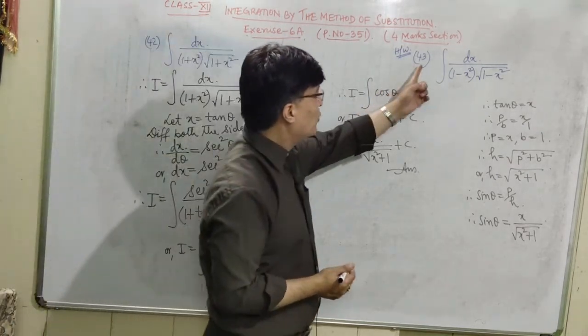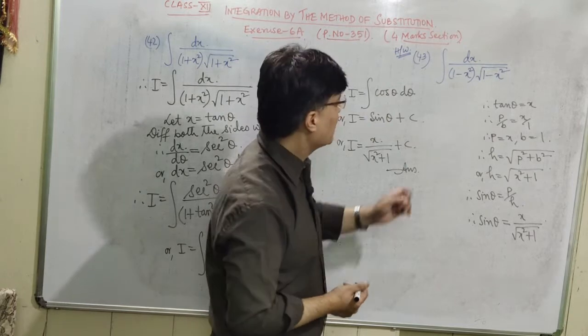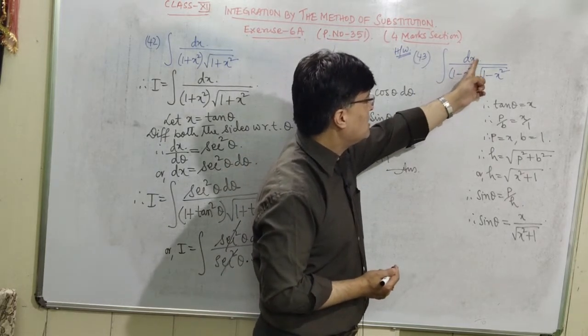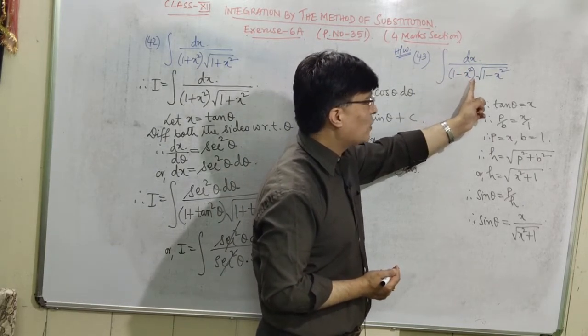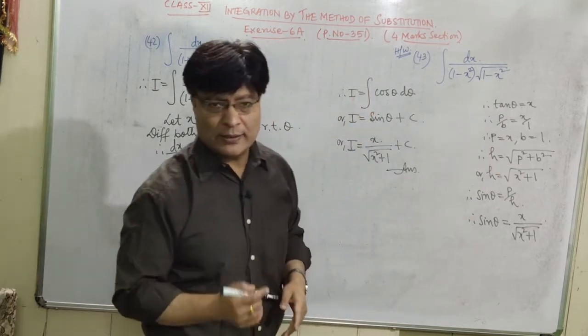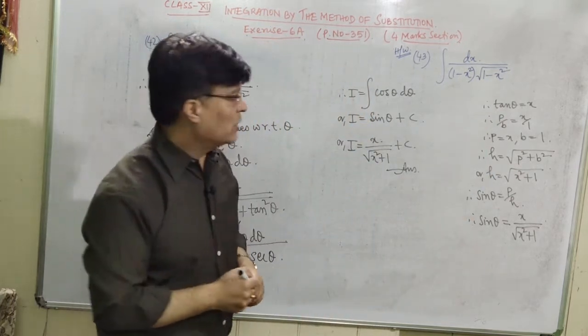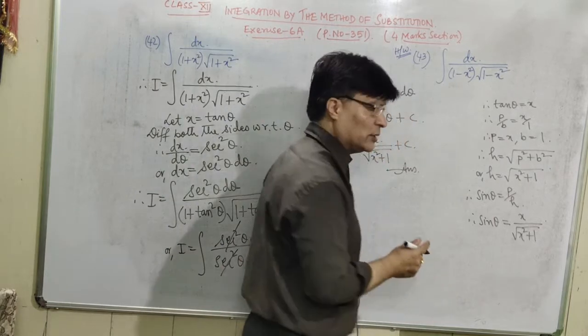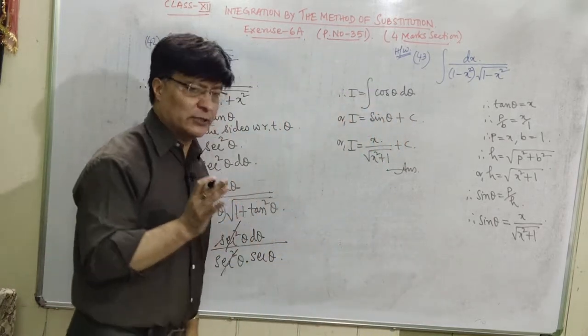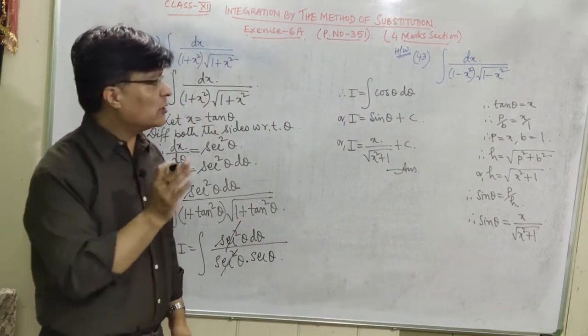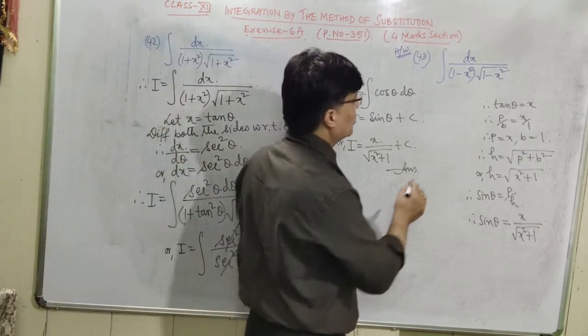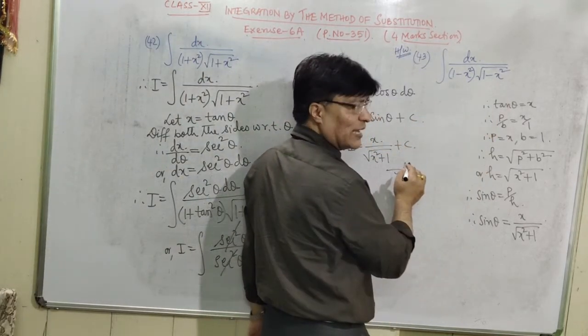Now question number 43 is your homework. It is given: integral dx divided by 1 minus x square into root under 1 minus x square. Here also you have to do the trigonometric substitution. First, consider the expression within the square root, which is 1 minus x square.